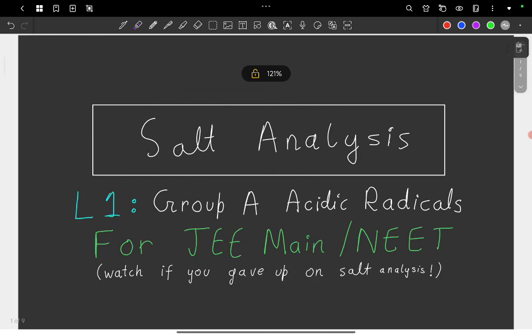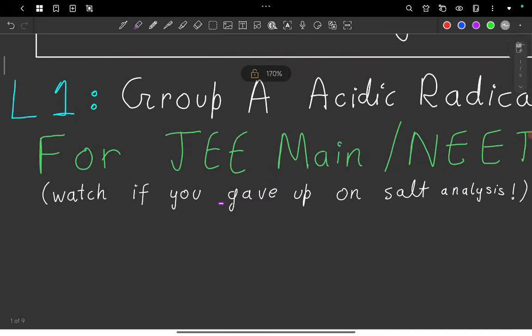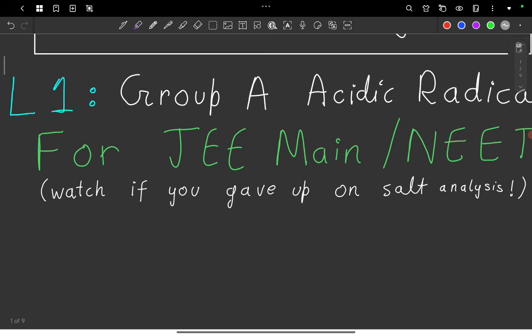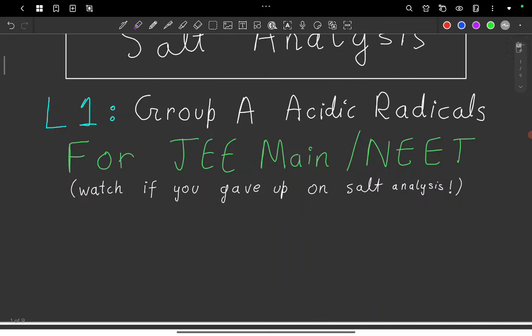I am teaching you a very filtered down version of salt analysis, which is not even close to being enough for advanced, but might just fetch you marks in Mains and NEET.